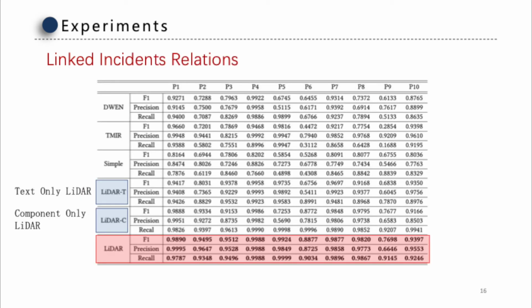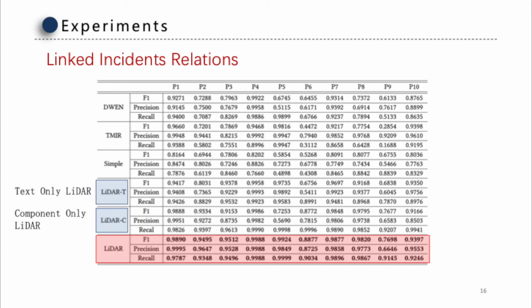Firstly, we tested the linked incident relations. The 10 subject applications are labeled as P1 to P10 in the table. It is evident that our proposed LiDAR can outperform other state-of-the-art bug deduplication methods in the incident linkage task among all these components.